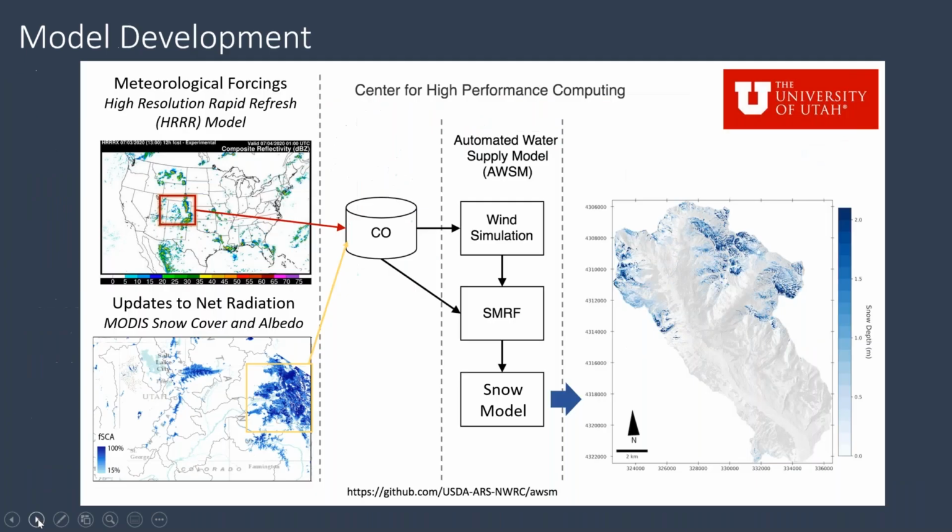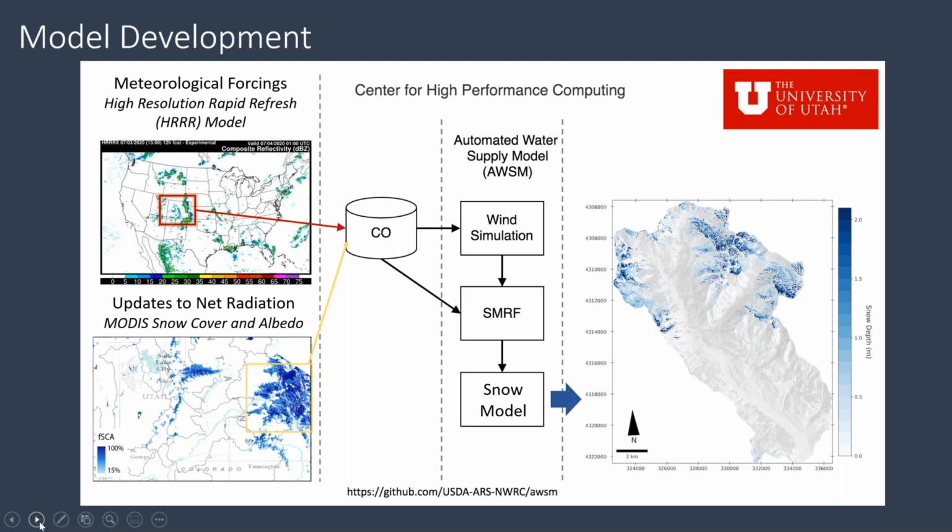Next. So this is what the framework looks like right now. We use the HER model as our forcings, and then we've focused initially on MODIS snow albedo to update net shortwave radiation. And it all goes into this database, and we're focusing on the Upper Gunnison right now as our test watershed in Colorado.